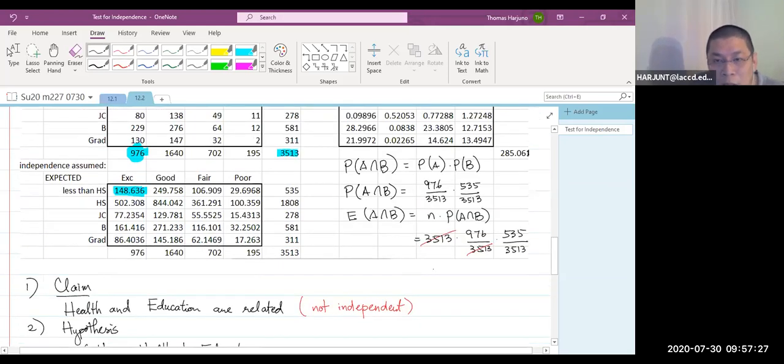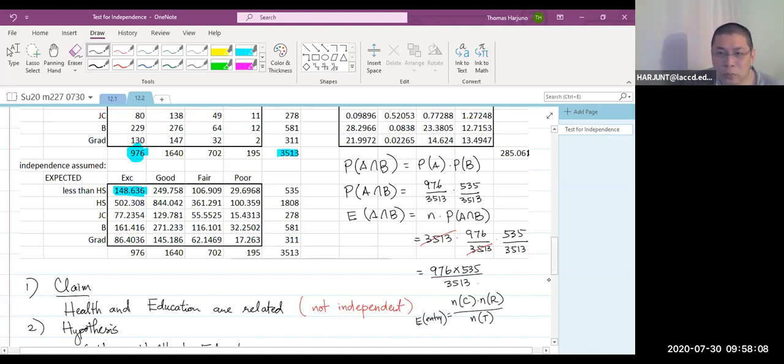So we get the column total times the row total divided by the grand total. That's the expected value for that entry.